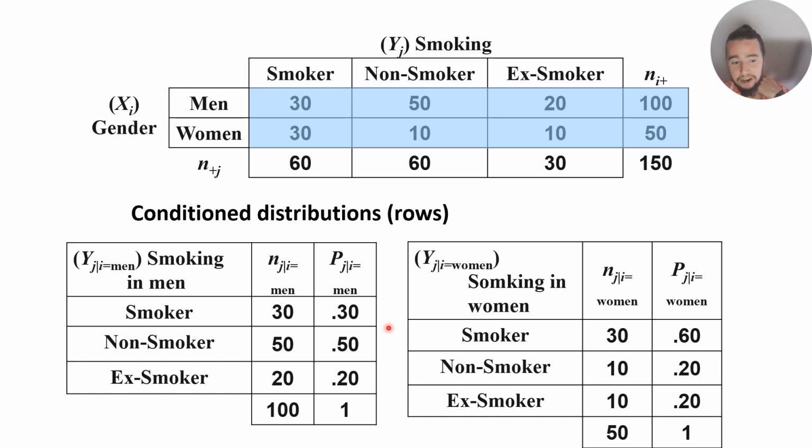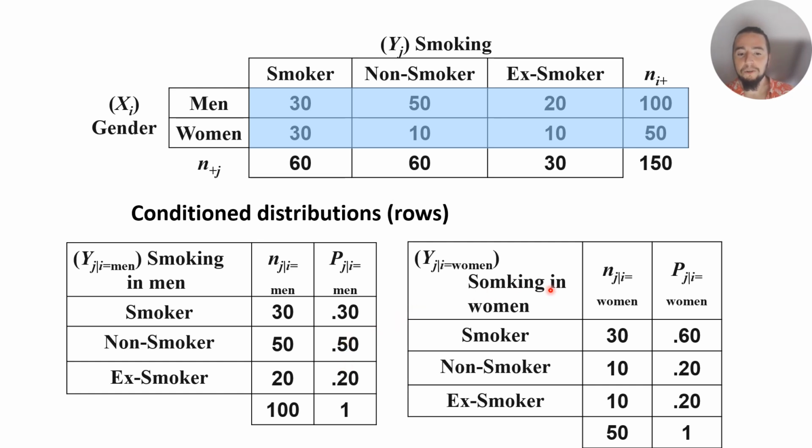So, as you can see, there are different values than we have in the marginal distribution of smoking, and it is more likely, if you are a man, to be a non-smoker, because it's the highest probability of all.